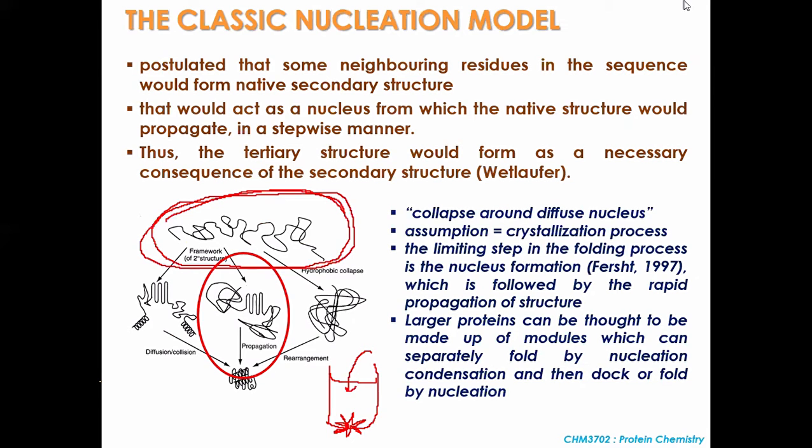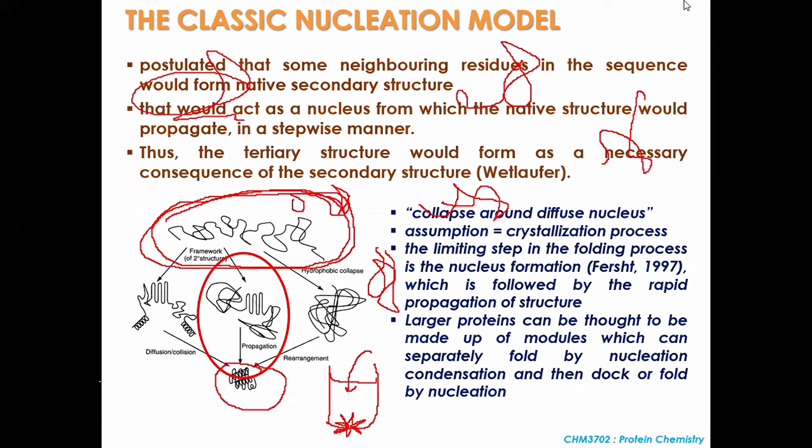And then the structure that is closest to the final structure will become the nucleus. So there are several structures, this is 1, 2, 3, 4, 5, 6, 7, etc. The structure that is closest to the final structure will become the nucleus. For example, this structure is the closest to the final structure.